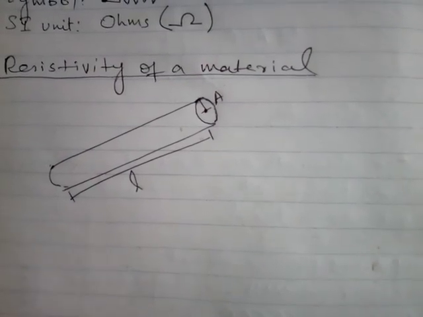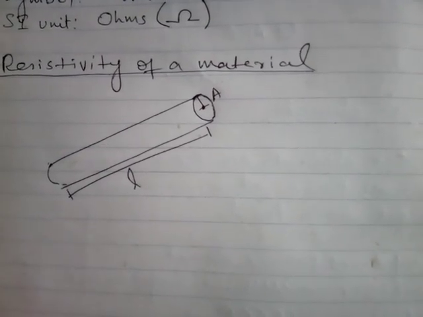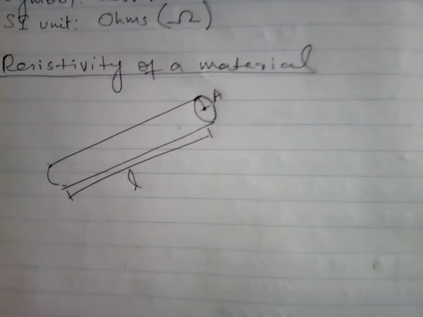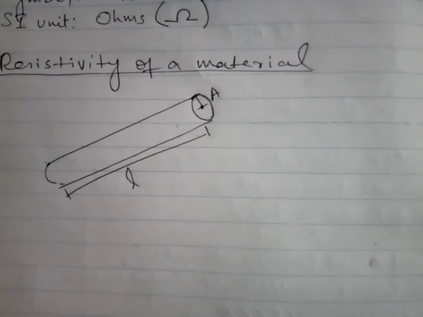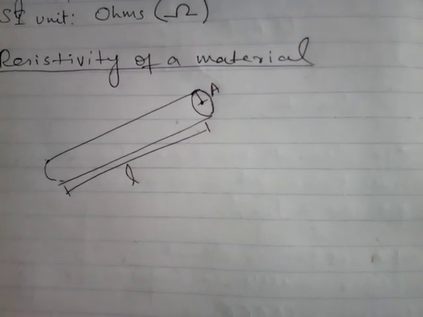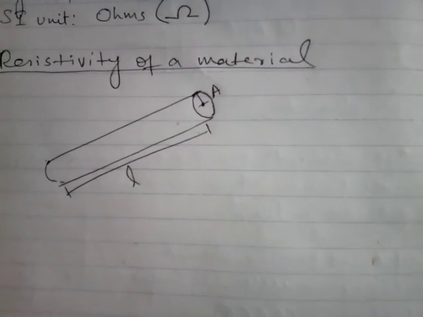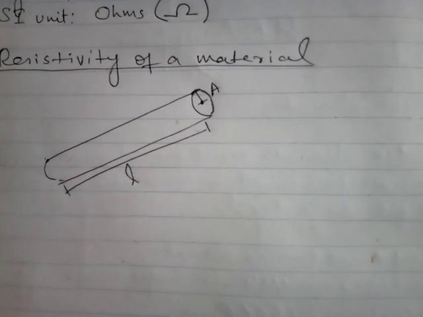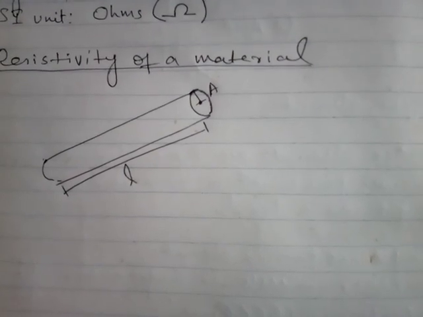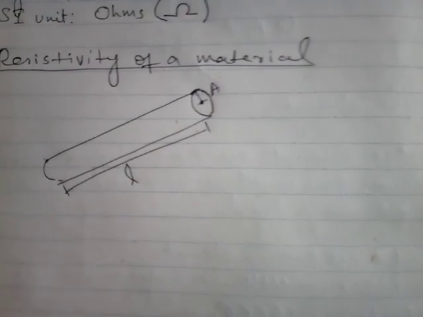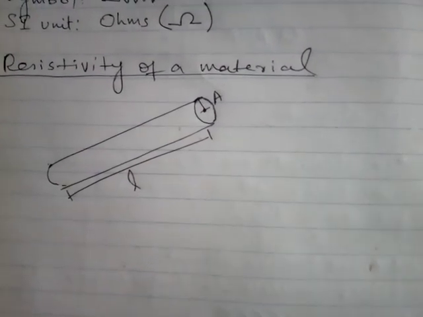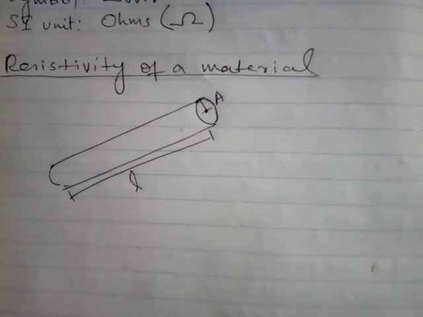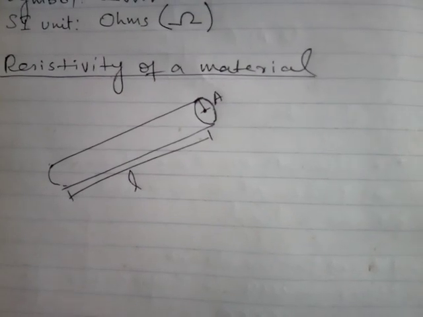So we are actually cutting the cylindrical conductor across its midpoint and it is divided into two sections.